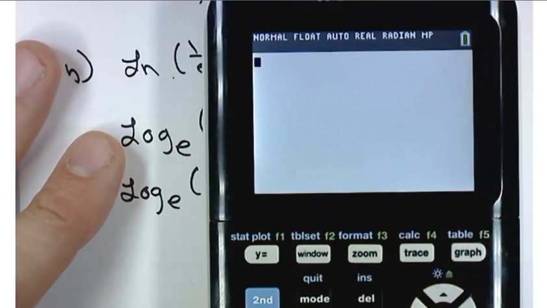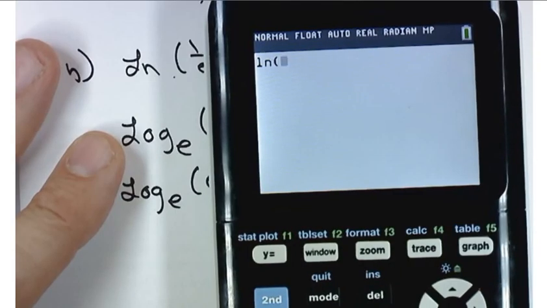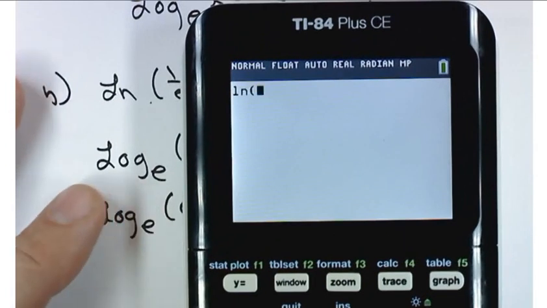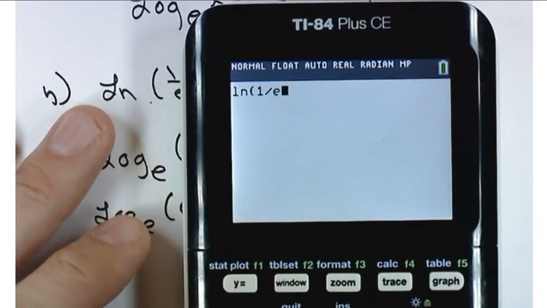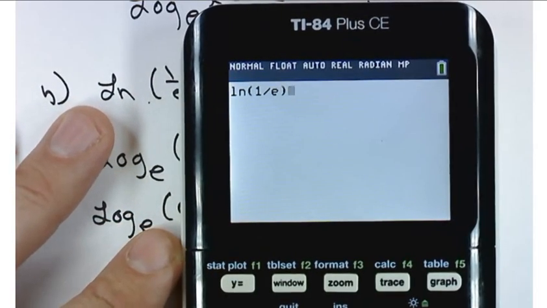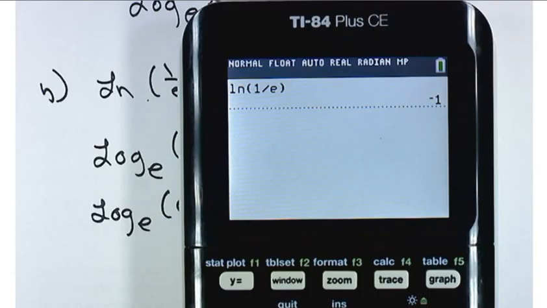So we're going to hit the ln key of 1 divided by e. You should be able to get -1. The only thing to remember is where you can find the e, and it's right above the division key. Hit the 2nd key for that.